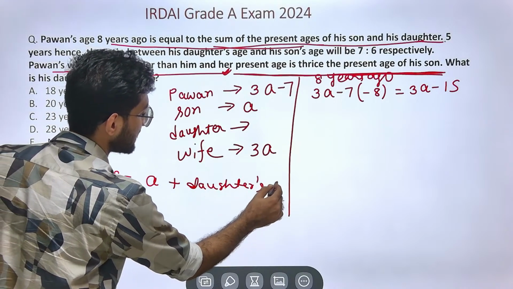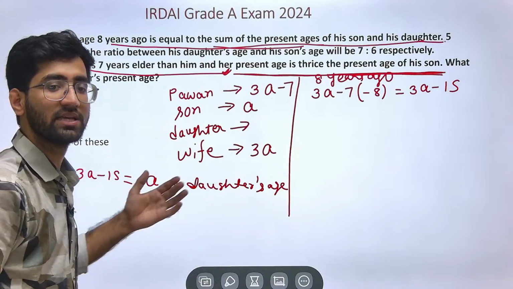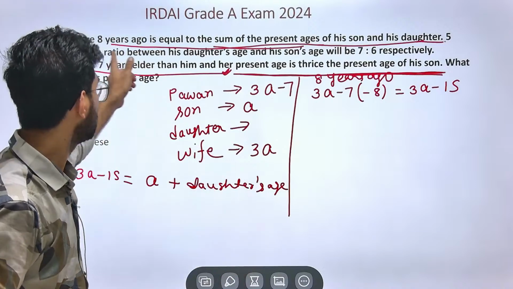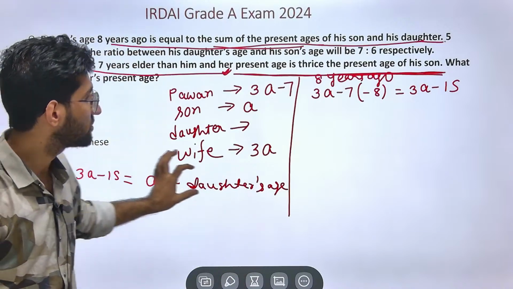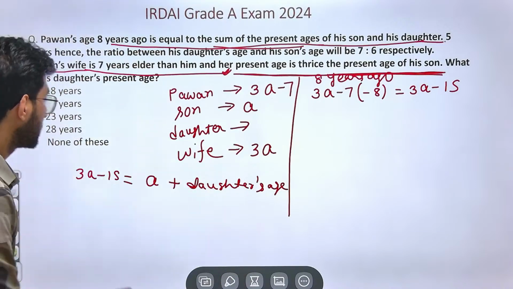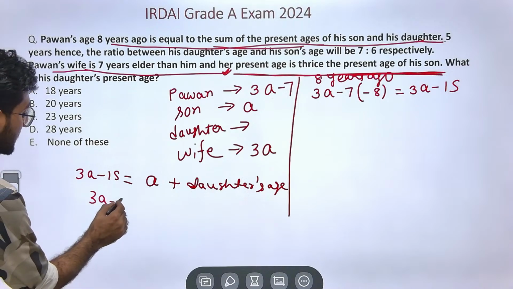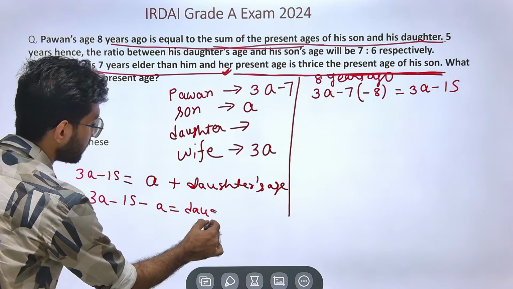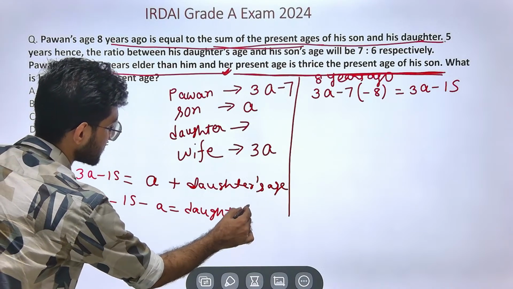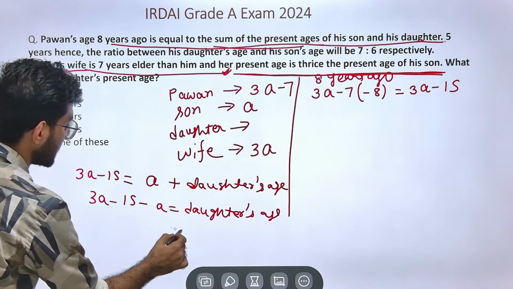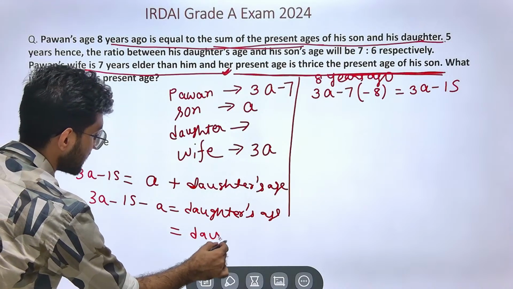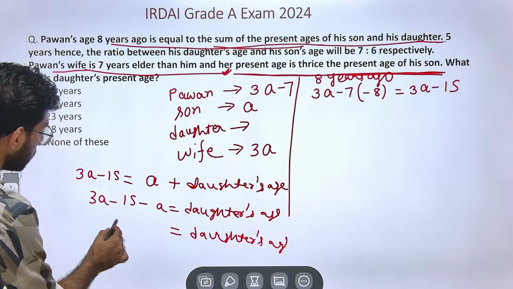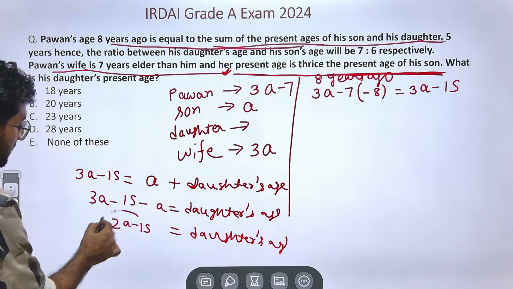So can we find the age of his daughter in the form of A? Yes, we can find it. We are using the first line to write this equation. So basically 3A minus 15 minus A is going to be equal to Pawan's daughter's age. So his daughter's age is equal to 2A minus 15.